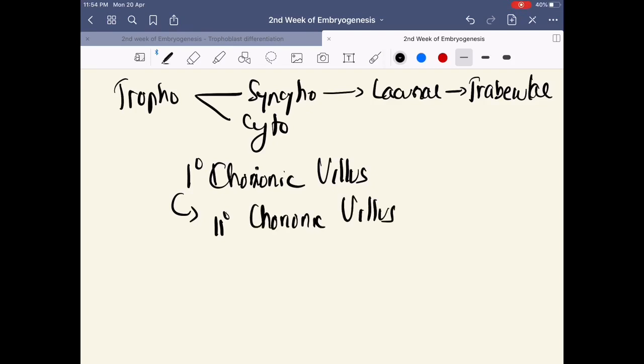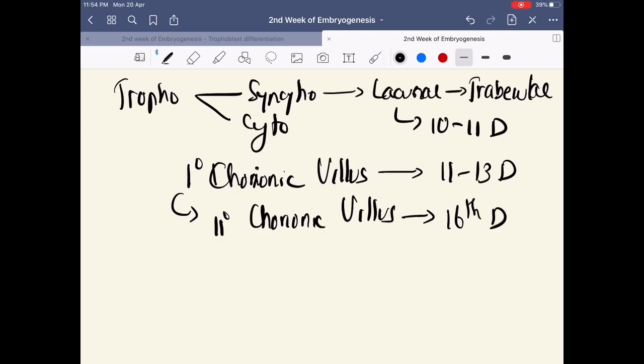Clear? The lacunae are formed during the 10th to 11th day of fertilization, the primary villus during the 11th to 13th day, and the secondary chorionic villus during the 16th day. That is what we know till now.